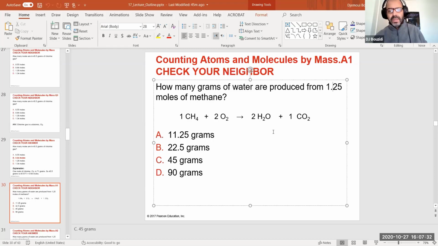Okay, very good. So the question is, how many grams of water are we going to get if we instead brought 1.5 moles of methane? The answer is not listed in there.